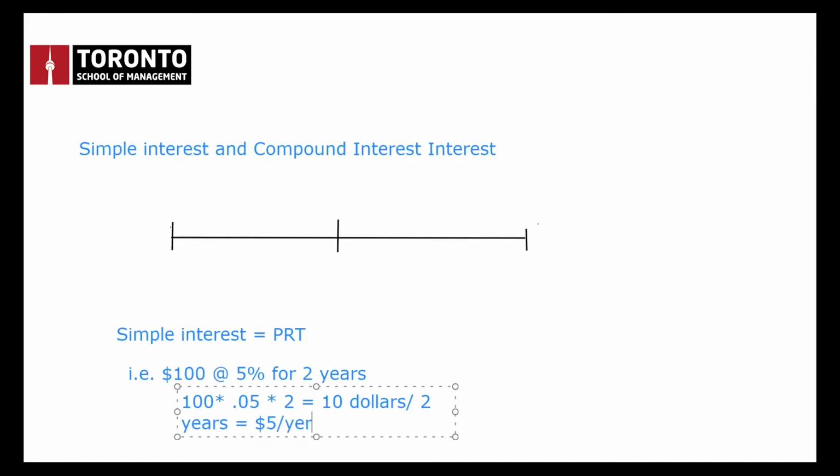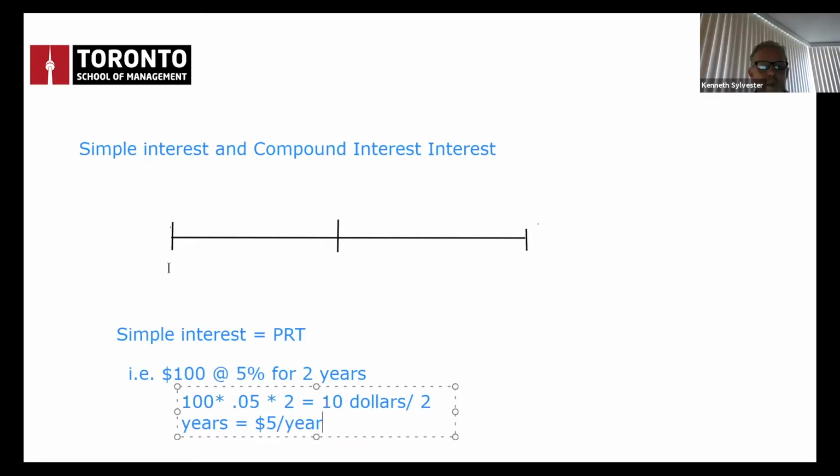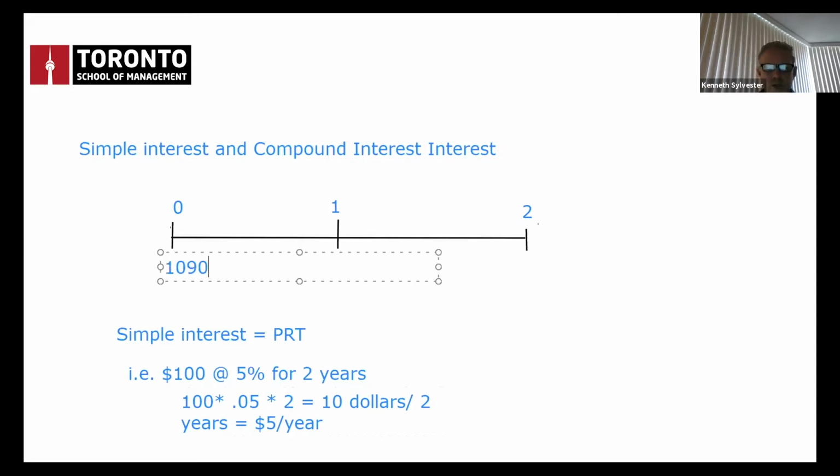Yes, correct. Okay. So let me put it on the timeline. This is time 0, this is time 1, and this is 2 years. So if I was to start with $100 here, and I keep it invested for 1 year, how much money do I get at the end of that year? $5, right?